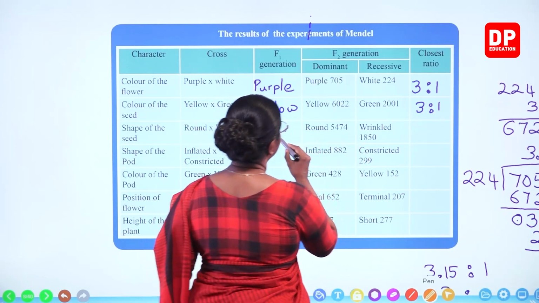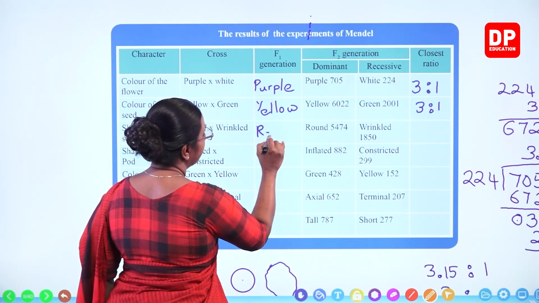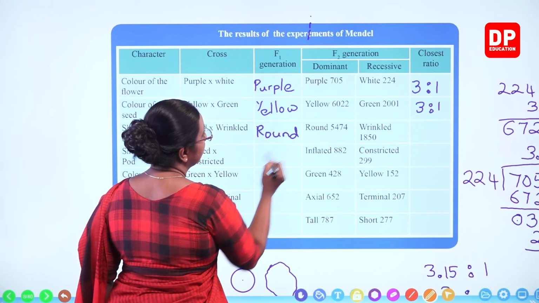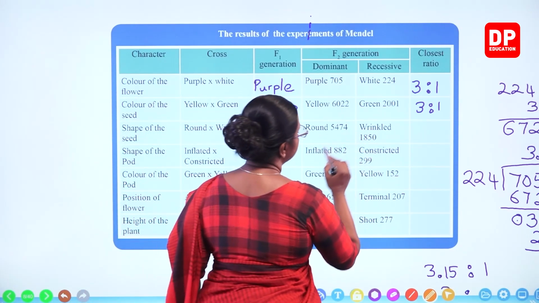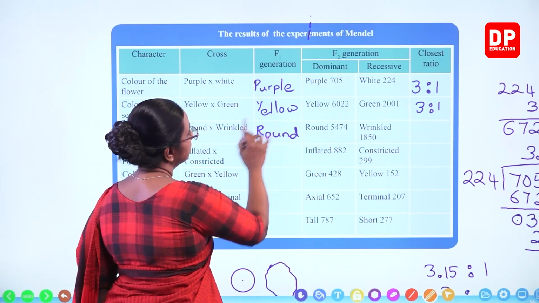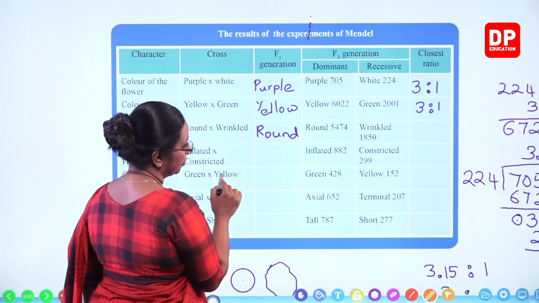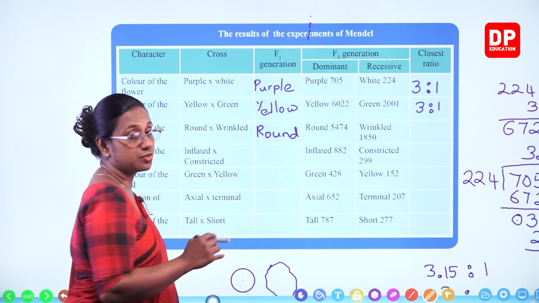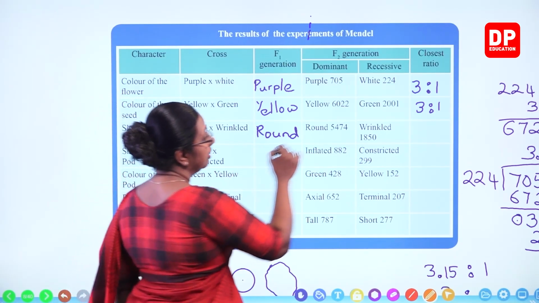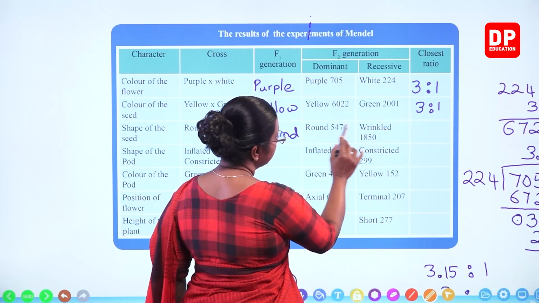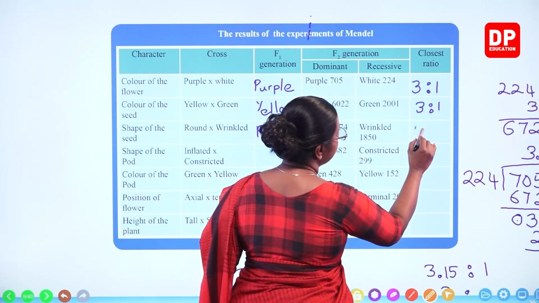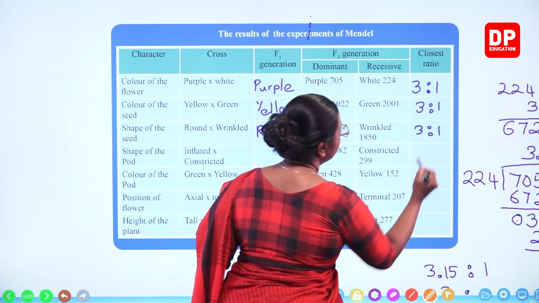So this also, the seeds will be round. Round is the dominant character. So all the first generation will be round seeds only. Wrinkle seed is not expressed in the first generation. In the second generation, round is to wrinkled, the ratio is 3:1.